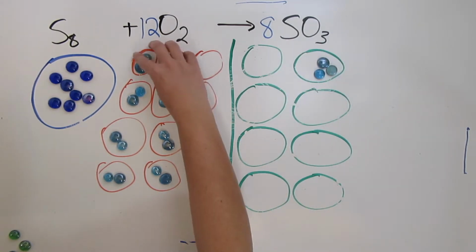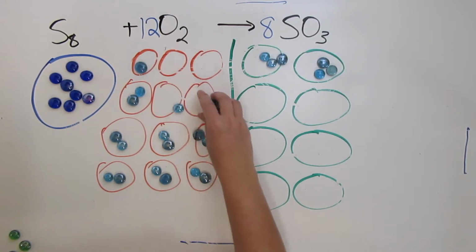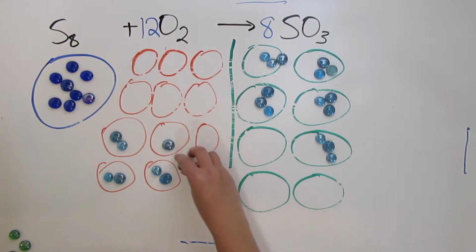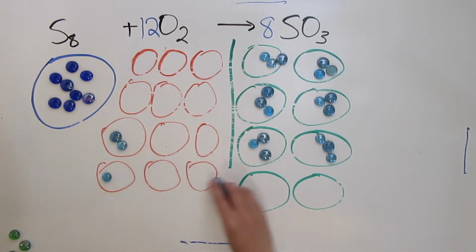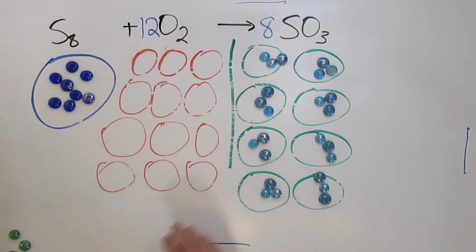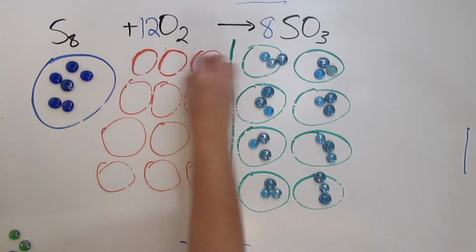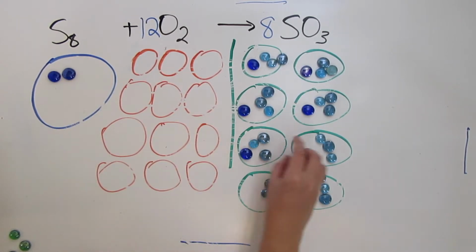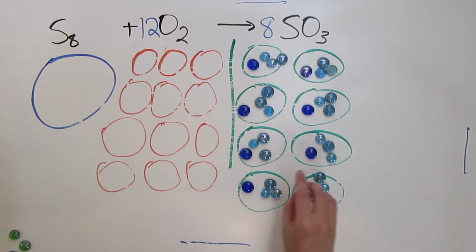So here's 1, 2, 3, 4, 5, 6, 7, 8, and 1, 2, 3, 4, 5, 6, 7, 8.